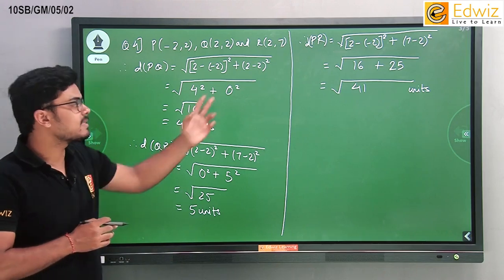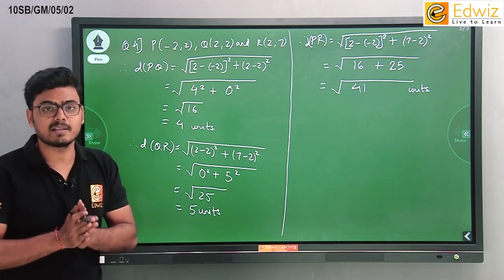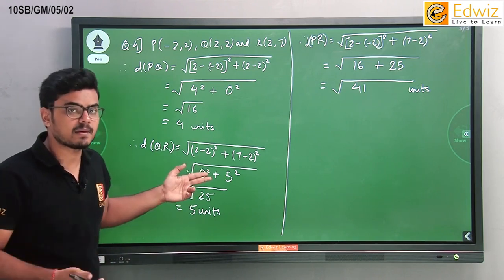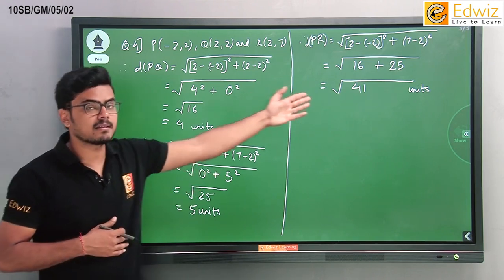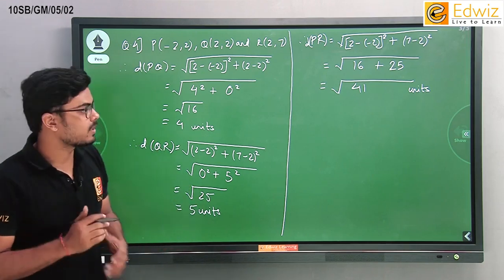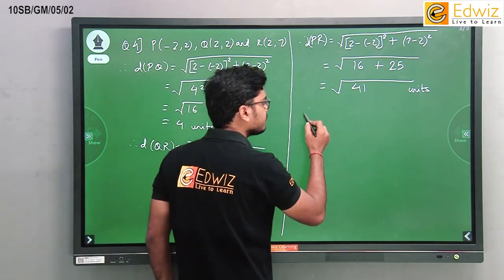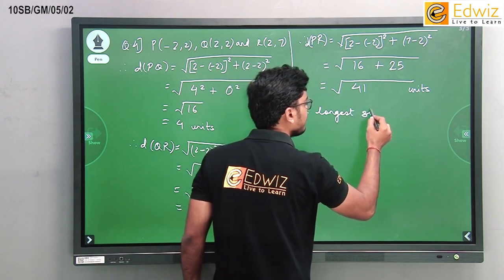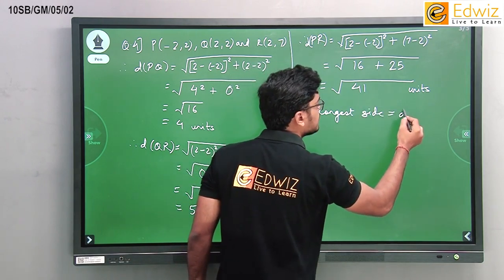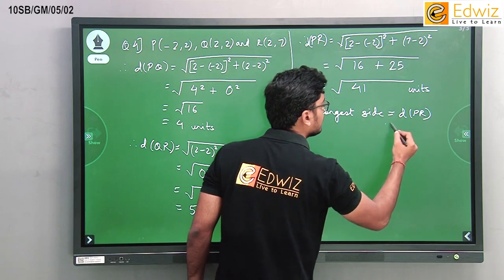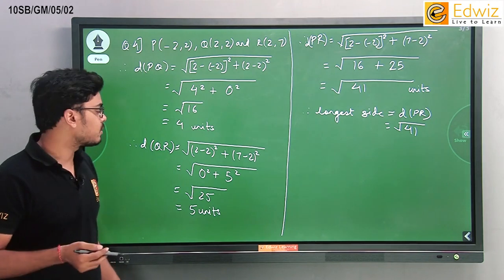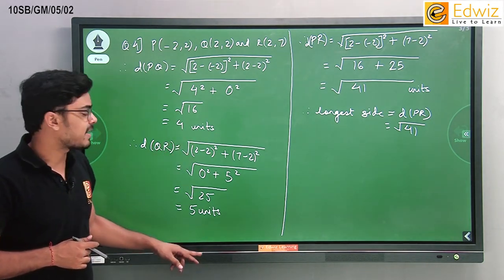Now these are the three distances that we are getting. Let us check whether distances of these two, when we square them and add them, whether we are getting the third distance or not. Okay, the longest side here will be equal to distance PR, that is square root of 41. Obviously this is the biggest distance. How do we know that? See, this is 4 units, this is 5 units.